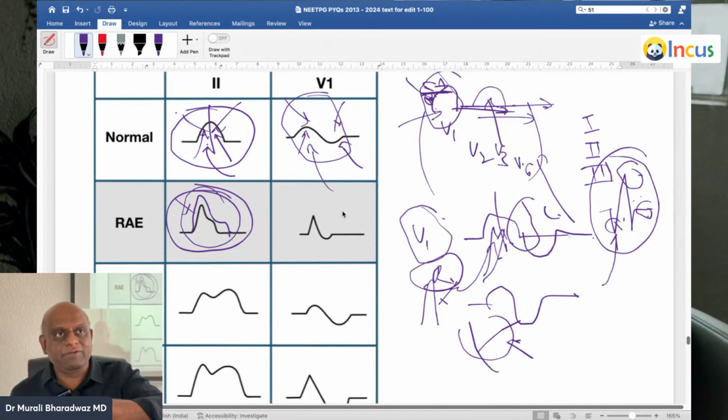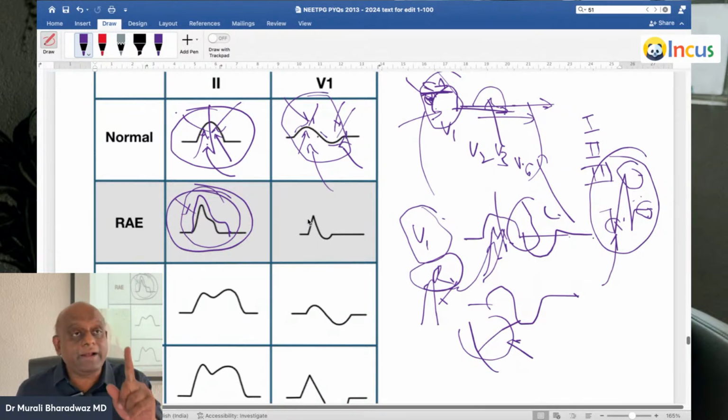Whereas in lead V1, initially it is as positive as negative. Right atrial activity and left atrial activity are equal. That's the reason this positive wave is equal to the negativity of the negative wave. But right atrial enlargement will cause this to become sharply peaked while still maintaining that little negativity.